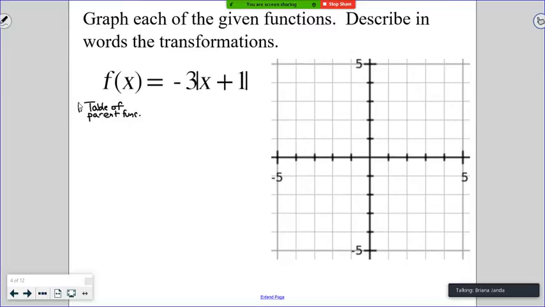What is our parent function? Absolute value of x, right? So if I don't know what that is, I'm going to go to my cheat sheet and look at the table. You can always recreate the table, but that's where we start, is we just write the table for our plain old absolute value of x.